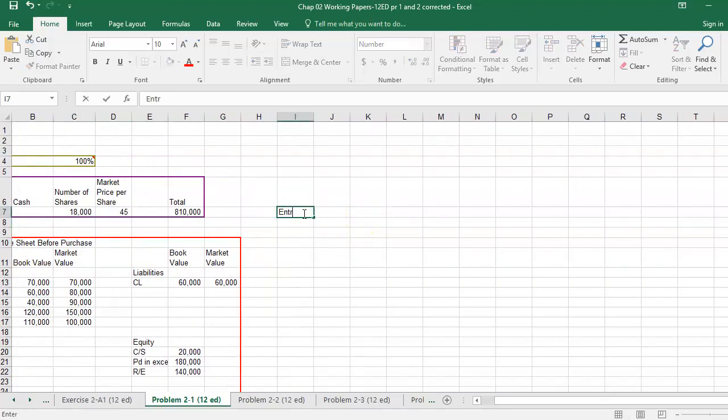Okay, so this is the entry to record the purchase. Actually, I'm going to change that to investment. Okay, so they made an investment in Downs. All right, and to make that investment, they gave them common stock.